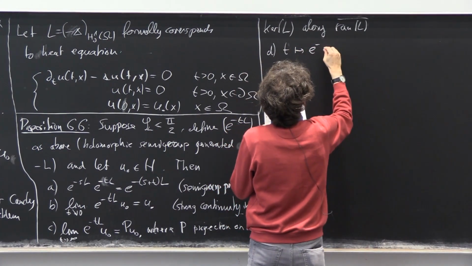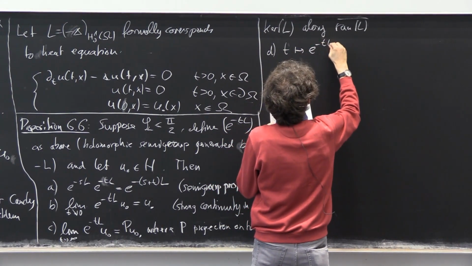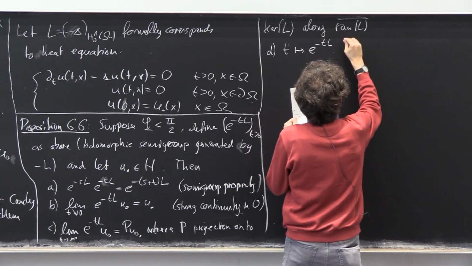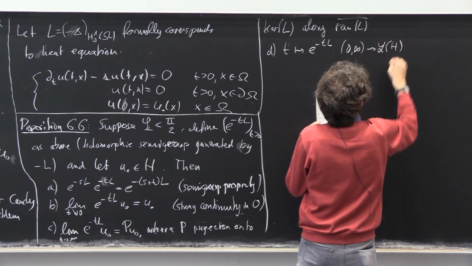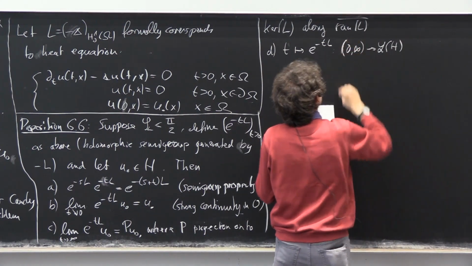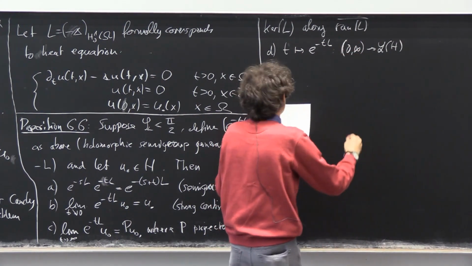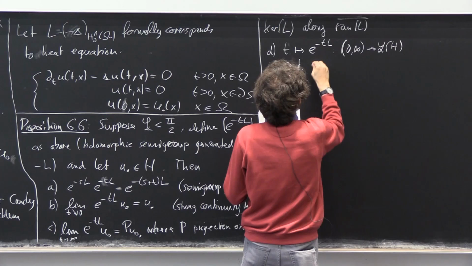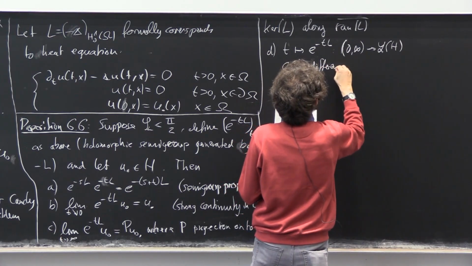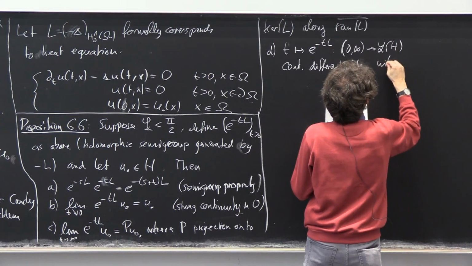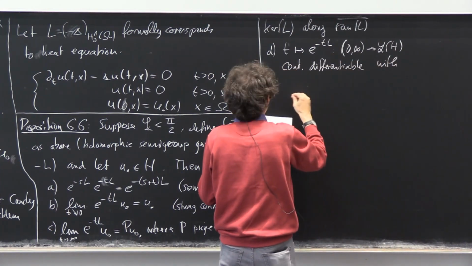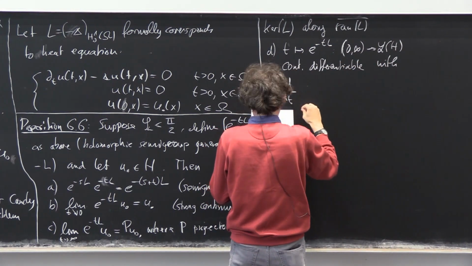And the fourth assertion is that it is a solution, so the function t going to e to the minus tL, if you look at it as a function from the interval (0, infinity) to L(H), without 0 here at the moment, then I claim this function is continuously differentiable, and the derivative is what you would expect and what is the right thing for our abstract Cauchy problem.